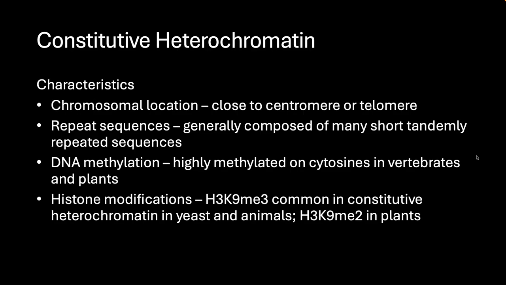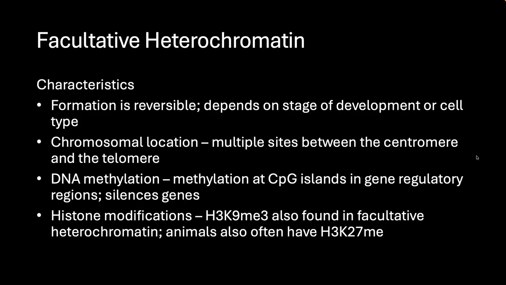So let's start with constitutive heterochromatin's characteristics. These are found at the same place in every cell, generally in highly repetitive sequences close to the centromere and telomeres. This chromatin is highly methylated and often has specific histone modifications that help it maintain its high compaction. Facultative heterochromatin is more flexible, and in some cell types or stages of development is found as heterochromatin, and in others, euchromatin.